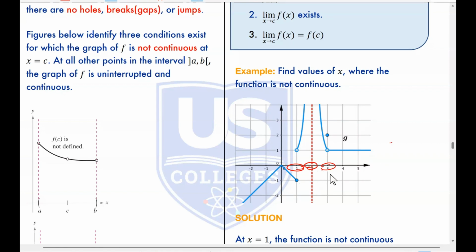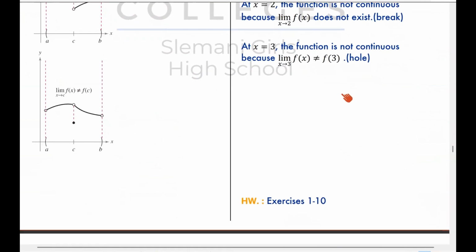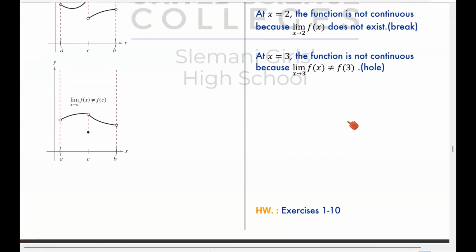It just means there is discontinuity at those 3 points only. The points of discontinuity are only 1, 2, and 3. Everywhere else the function is continuous. All right. So these are the situations where we can see discontinuity. This is how we identify discontinuities from the graphs.